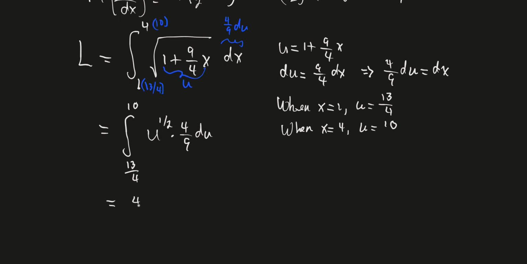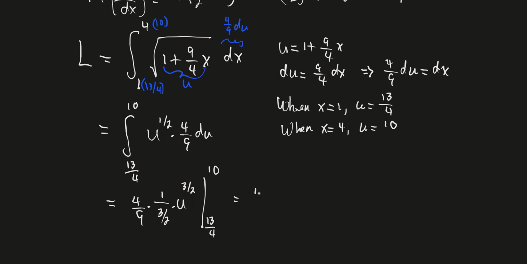So I can take out the 4/9, that's my constant, use my power rule, but now it's the power rule for anti-derivatives. So when I anti-differentiate this, I will get 1 over 3/2 times u to the 3/2, and that's evaluated at 13/4 and 10.